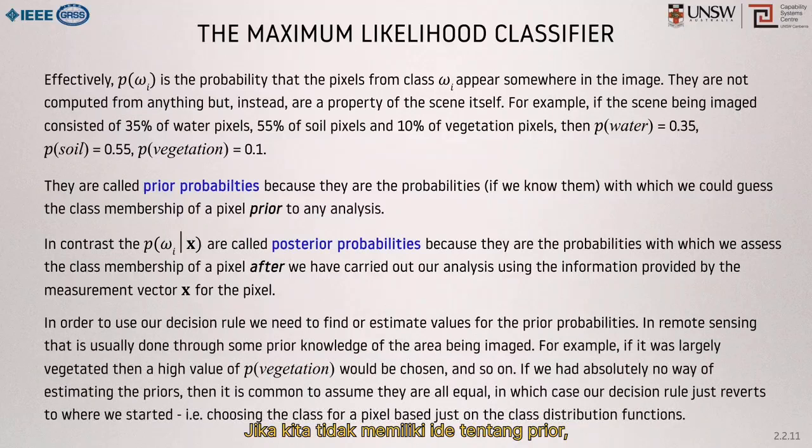If we had no idea of the priors, we could assume that they were all equal, in which case the new form of the decision rule of the previous slide reverts to the one we started with, in which the decision is made using class conditional probabilities, that is, the distribution functions, rather than the posterior probabilities.